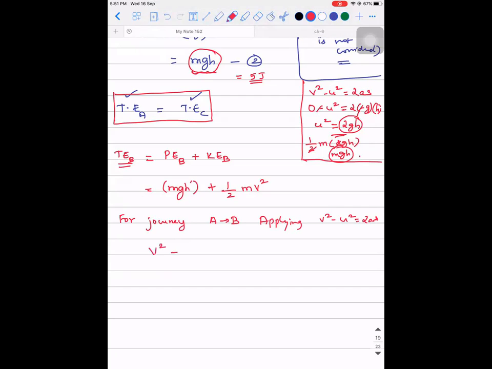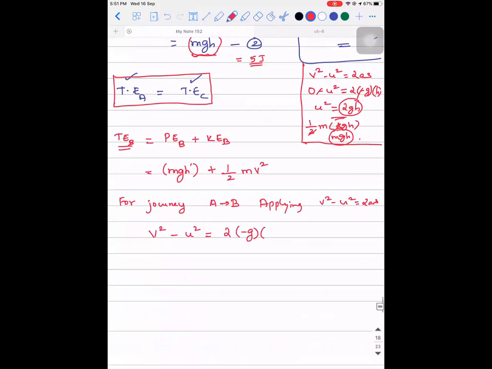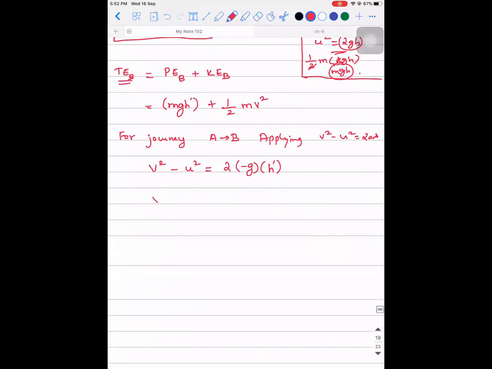Velocity at B square minus u square is equal to 2 into what is the acceleration of the object? Minus g. Very good. What is the height h dash that the object is at? Is it positive or negative? Positive, because it is in the upward direction. So I can say v square is equal to u square minus 2gh dash.